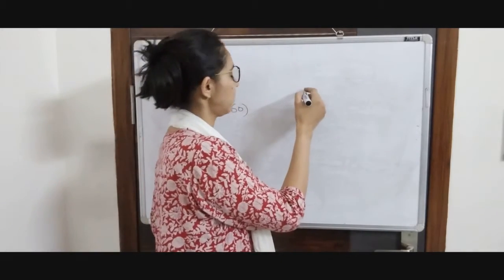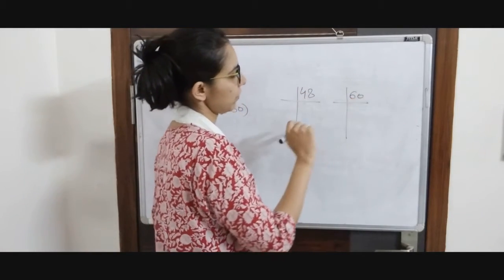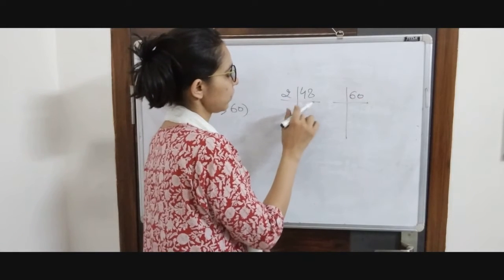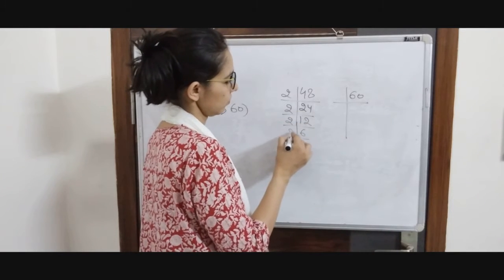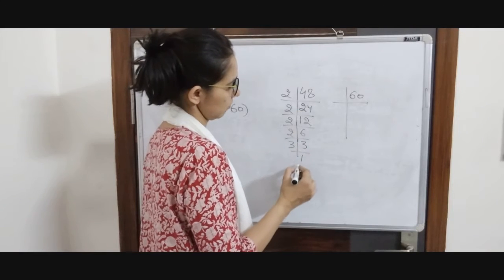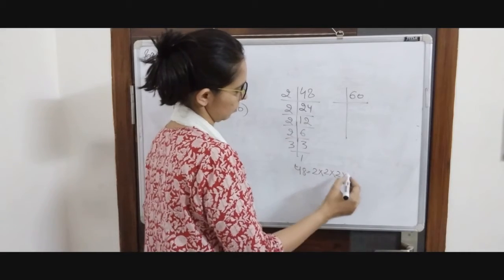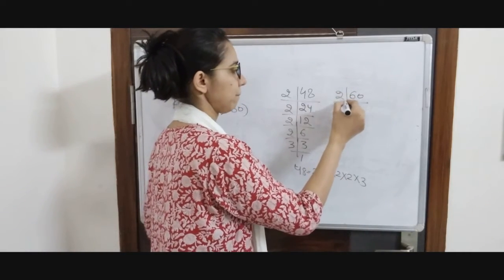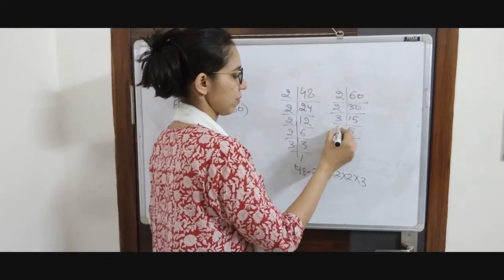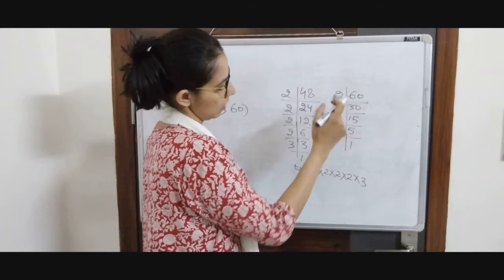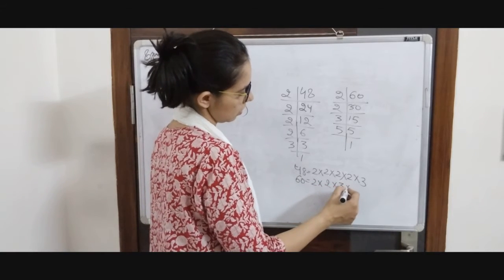If you don't know the HCF, you can find it using the prime factorization method or the second method also, whatever you are comfortable with. 60 is going to be 2 into 2 into 3 into 5.